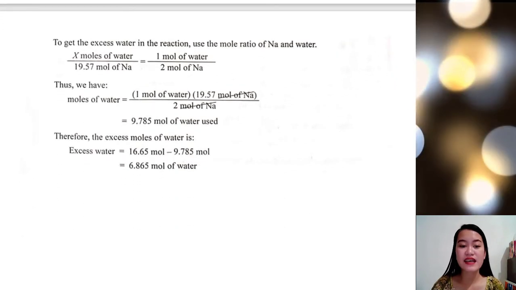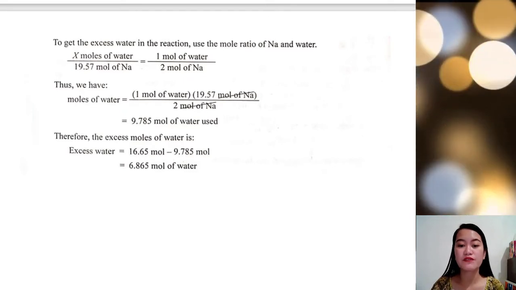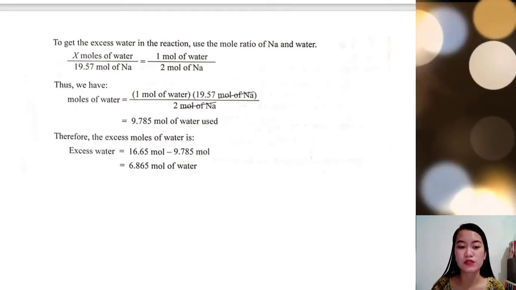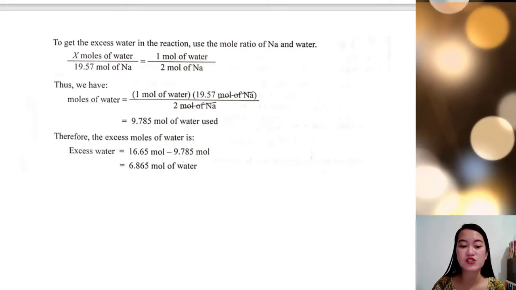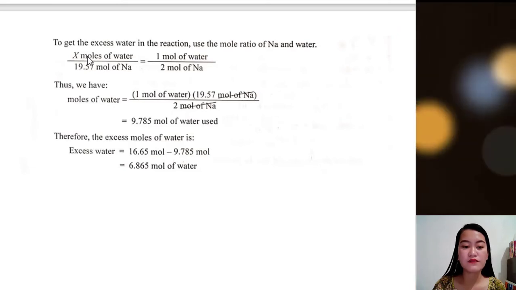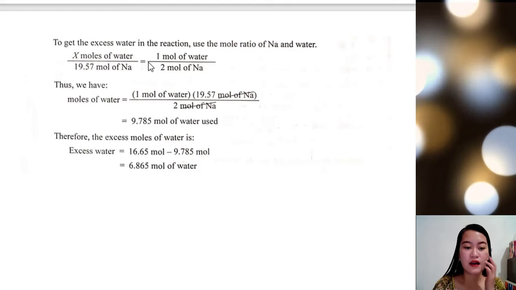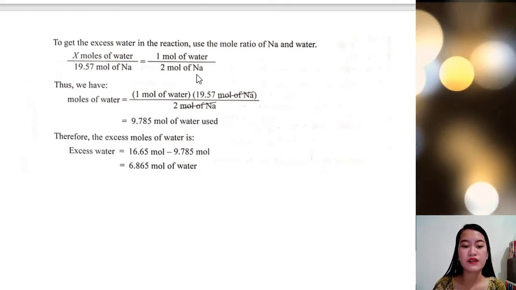To get the excess water in the reaction, use the mole ratio of Na and water. Okay, so paano makukuha yung excess water in the reaction? Okay, we have here x. This is the symbol of moles of water. Yung x is equals to 1 mole of water over 2 mole of Na.